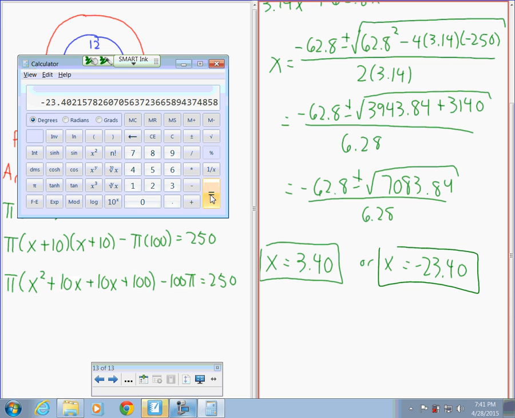Once again, we're going to scratch this one. Therefore, the border should be 3.40 centimeters.